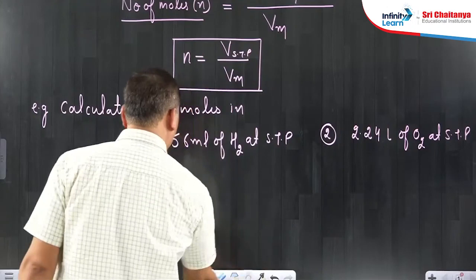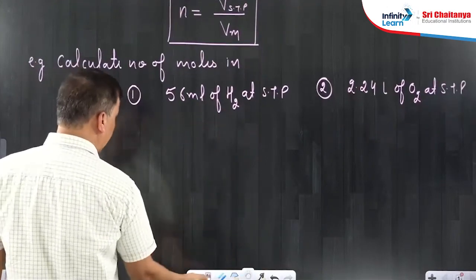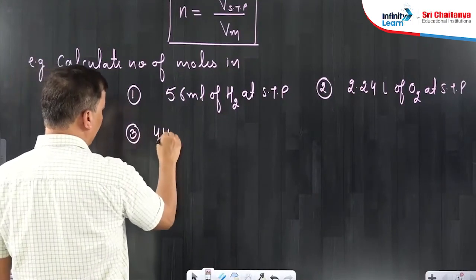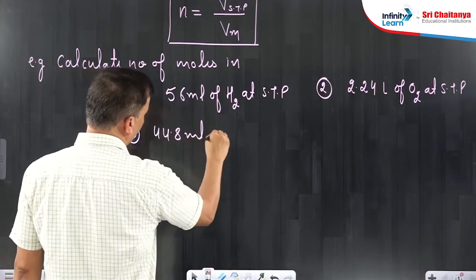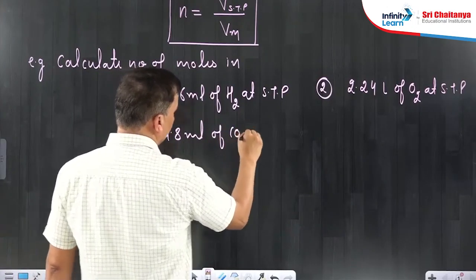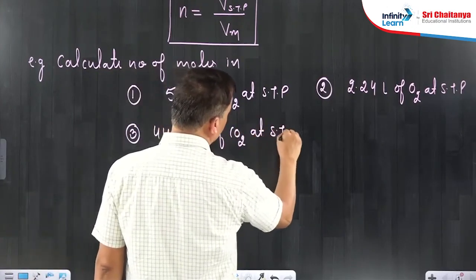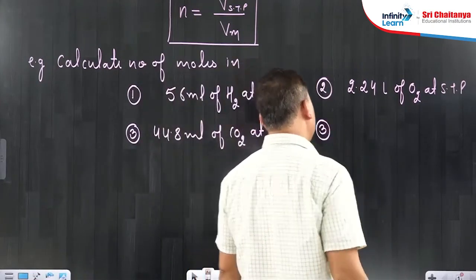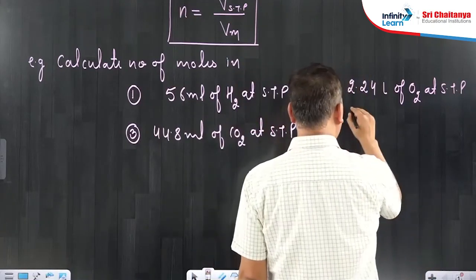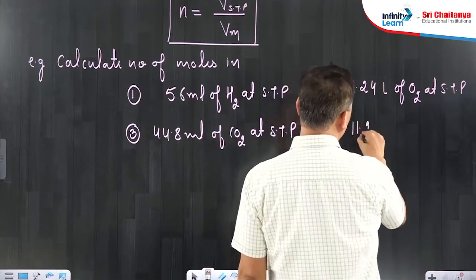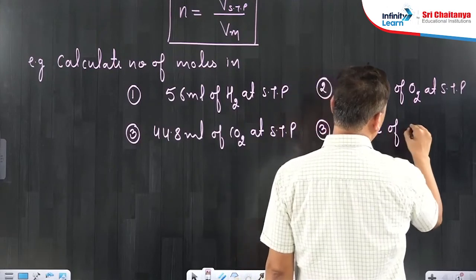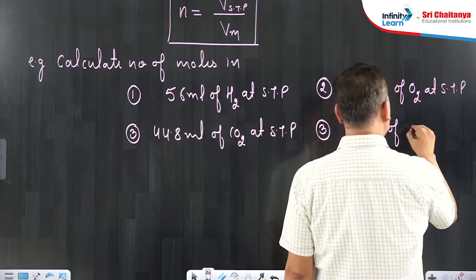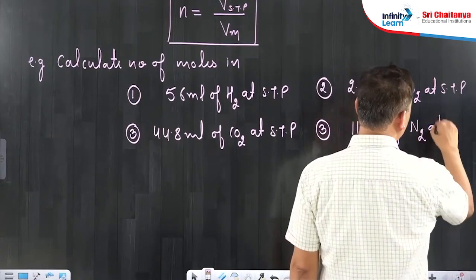Number 3, 44.8 ml of CO2 at STP. And number 4, anything you can take, 11.2 liter of CO2, H2 or N2 at STP.